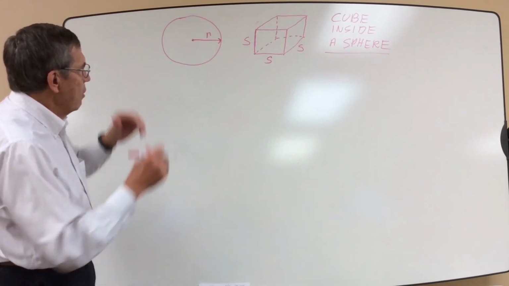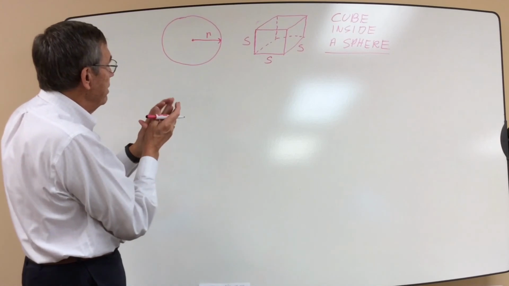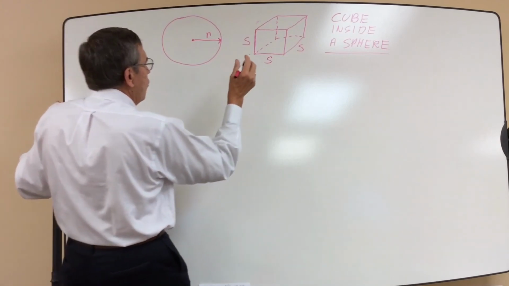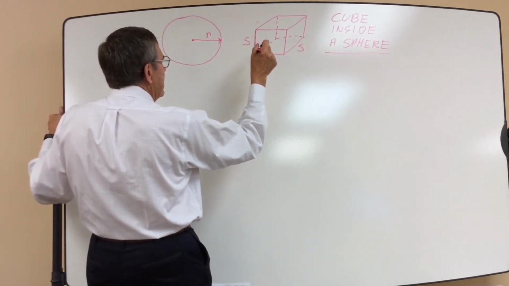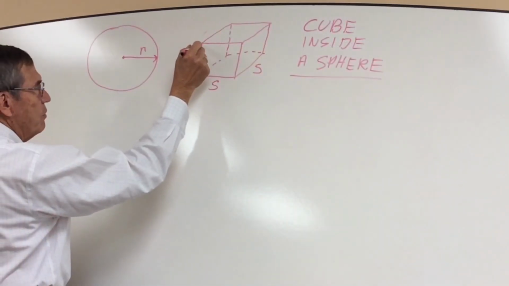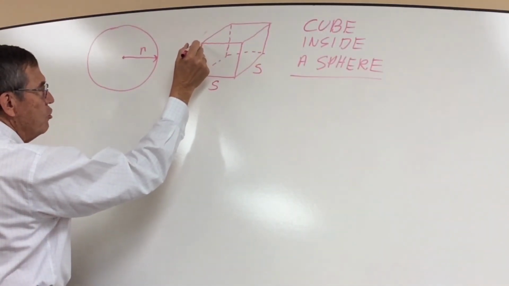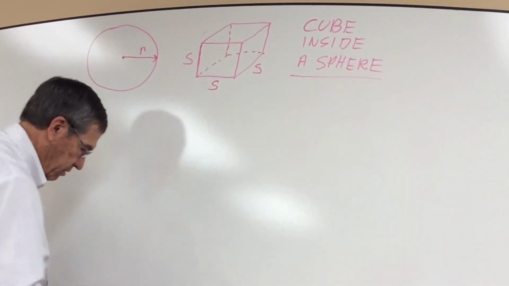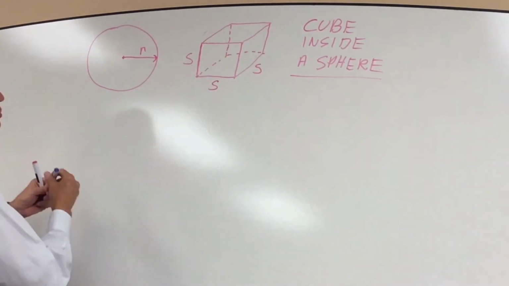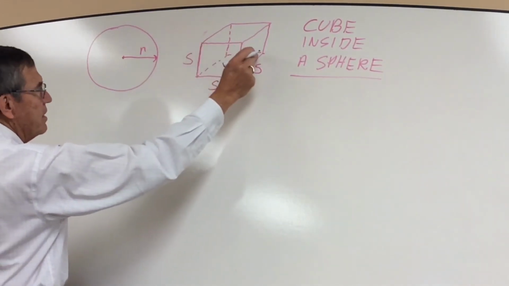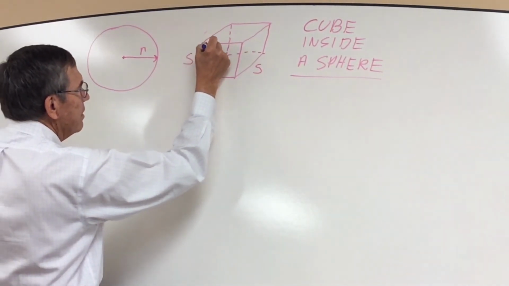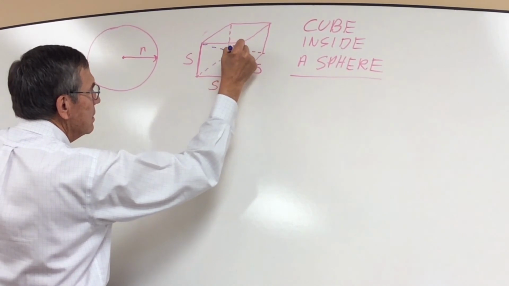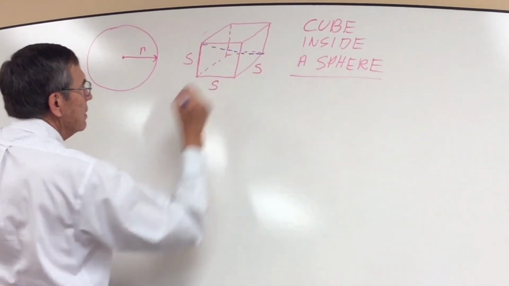Okay, so now what are we trying to find here? What we're trying to find is if we took this cube and we drew a diagonal, and I'll do that in a little different color. If I drew a diagonal from this corner to that corner, and I'll dot it, there we go.